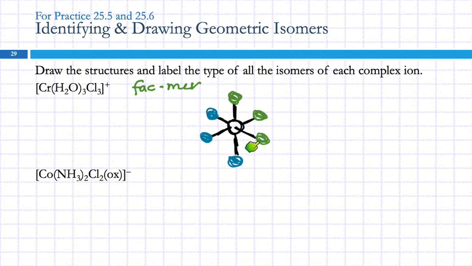What do these 3 chlorines form? They form a triangle, one of the faces, right? And this also forms a face. The other option is to have them in a straight line. So we could have them arranged like this.